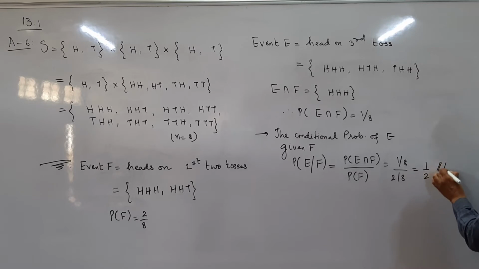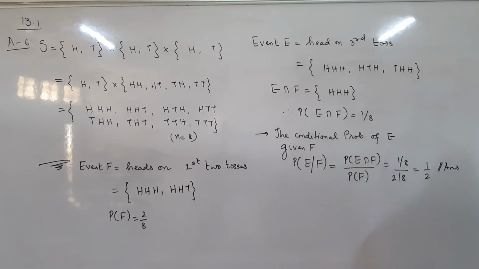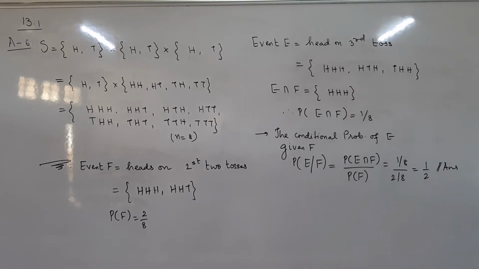So the final answer is 1 by 2. So this is how, students, we do the subjective problems of conditional probability.